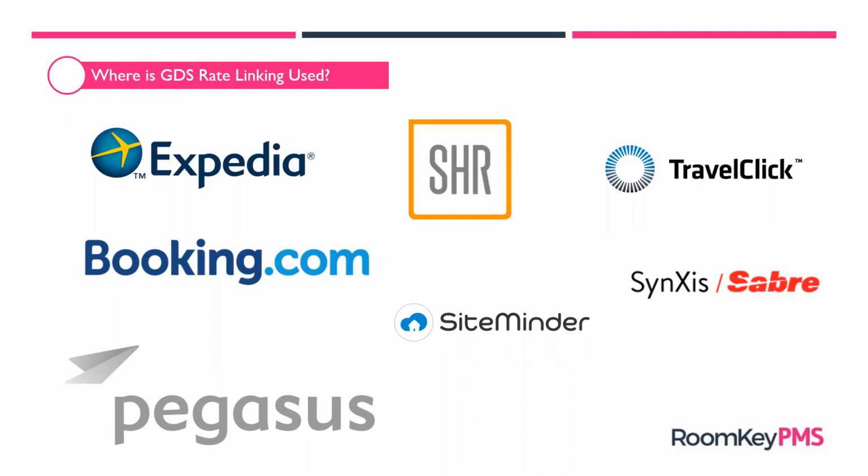It could be a channel manager such as TravelClick or SiteMinder, or it could be a GDS provider connector such as Synexus, Sabre, Windsurfer, or Pegasus. Any of these can be used with our GDS rate linking tool to connect your third-party rates to RoomKey. Again, this helps promote a self-serve method, and it eliminates that need to request that third-party assistance.